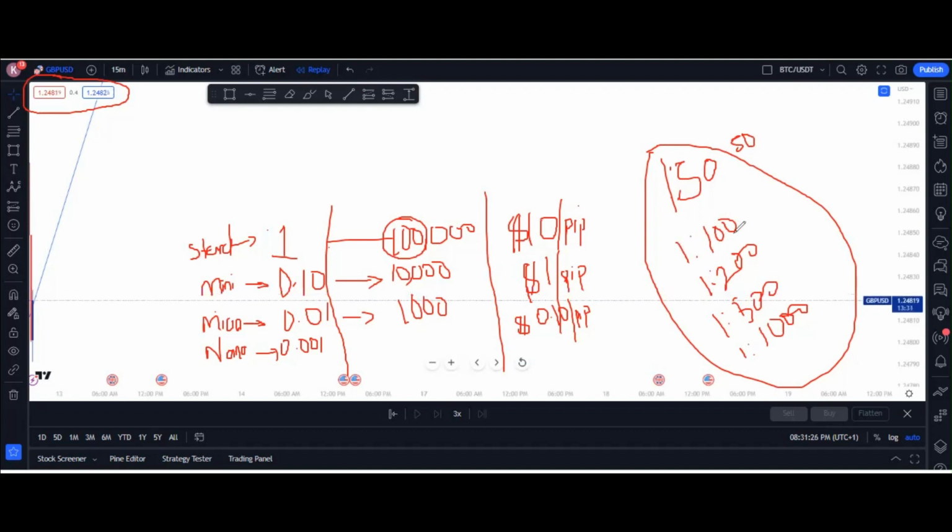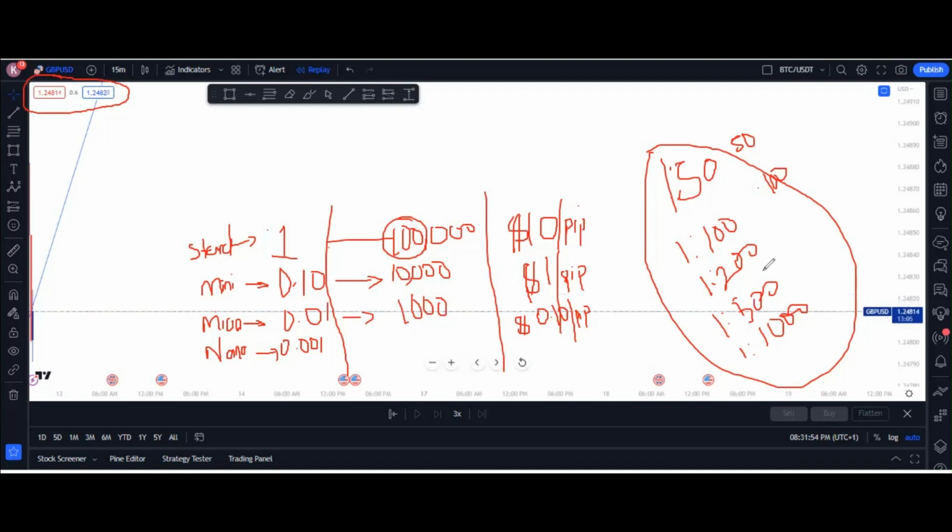When your leverage is 1:100, every $1 you fund in your account is equal to $100. That way, you have enough buying capacity to acquire, let's say, a mini lot, which is 10,000 units of any currency that you're buying.